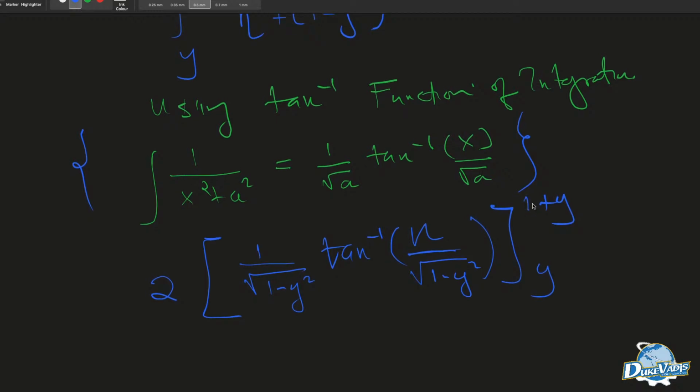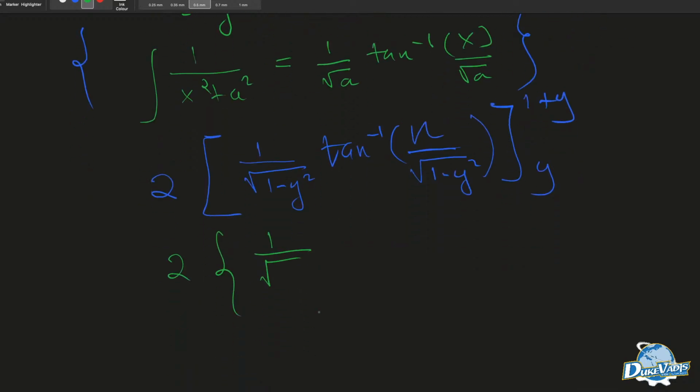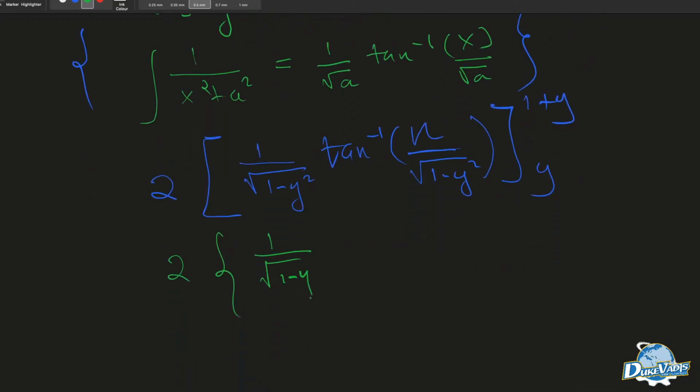So when we put in the upper limit, which is y plus 1, we are going to get 2 out, 1 over square root of 1 minus y squared, tan inverse of 1 plus y over square root of 1 minus y squared.